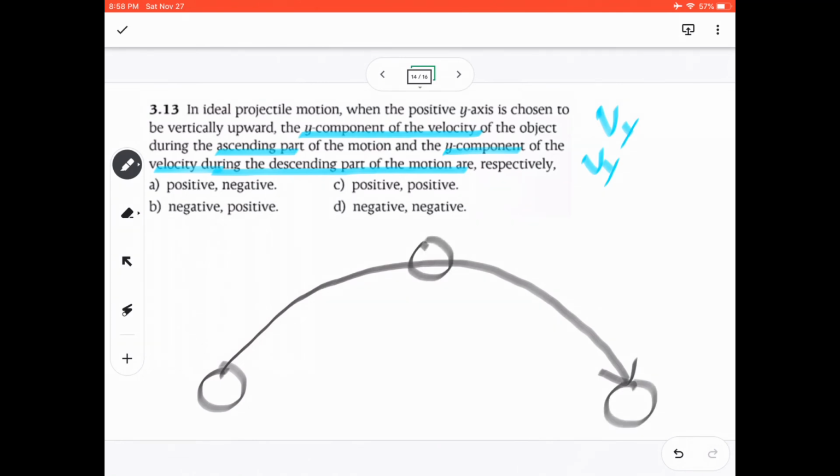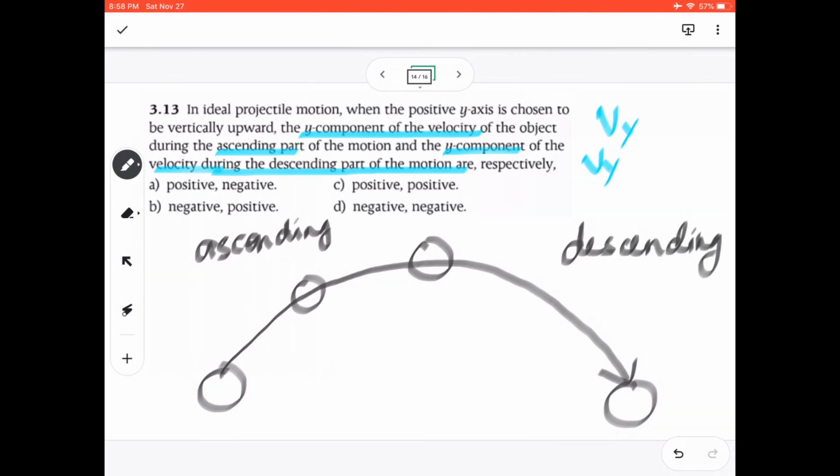So this is the ascending part, the going up portion of the projectile, and then this is the descending part. What is the direction of Vy on the ascending part and the descending part? In this part, it's going up, and this part, it's going down. At the first part, of course, is the largest Vy.